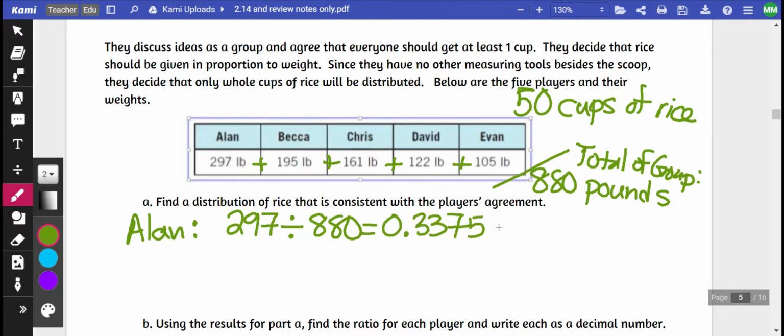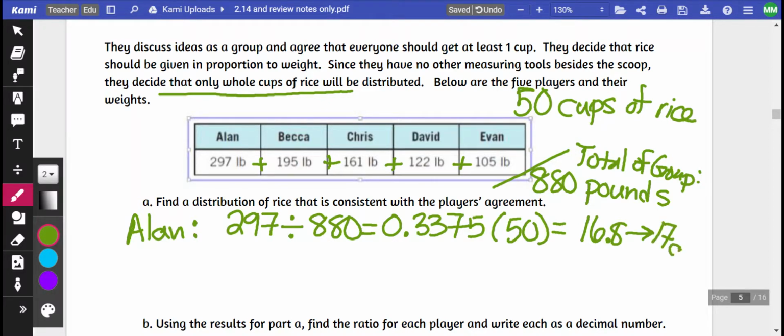So that's how much of the whole amount Alan's weight is compared to the total. If I know that that is the proportion, I can take that times the number of cups of rice that I have, which is 50, to get 16.8 cups of rice. Now it says that we're going to use only whole cups of rice because they only have that 1 whole scoop to use. So that would be 17 cups.